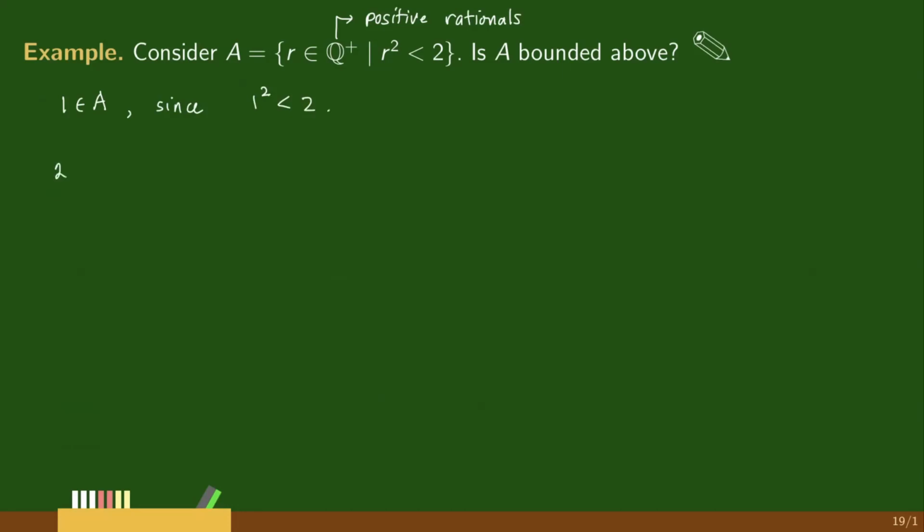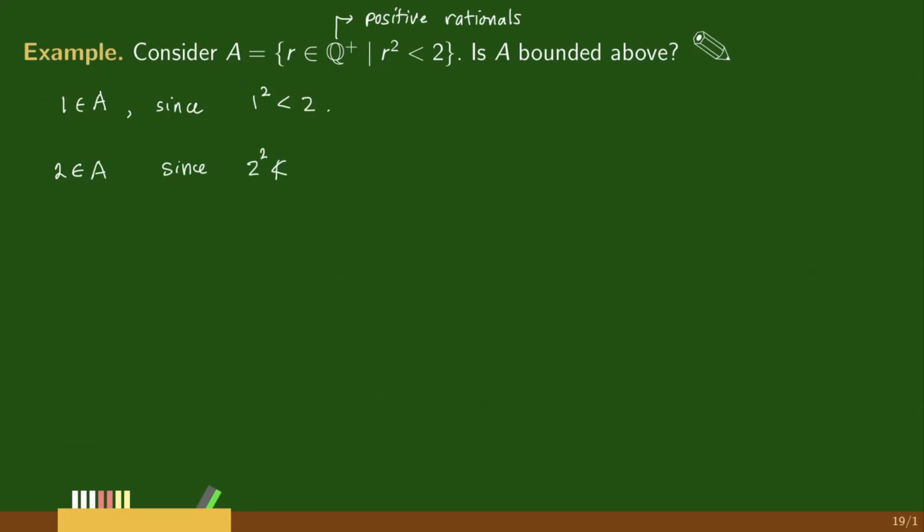Is 2 an element of A? Yes or no? Tignan nyo, 2 squared.